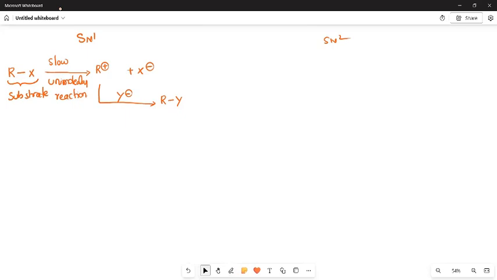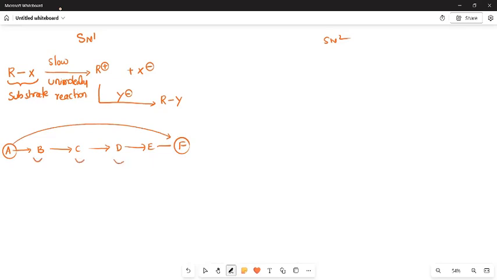So the reactions which proceed in more than one step are called complex reactions. Complex reactions means there will be many steps in between the reactants and the products, A, B, C, D, E. Finally, F is our product, A is our reactant. Our only way is to reach F, A to F. But in between, you have to cross A to B, B to C, C to D, D to E. In all these steps, one step rate will be very slow.